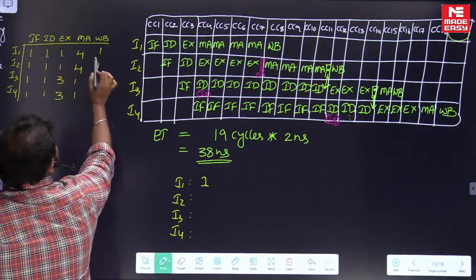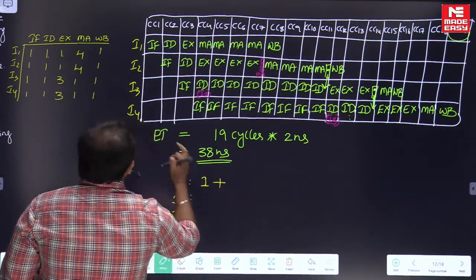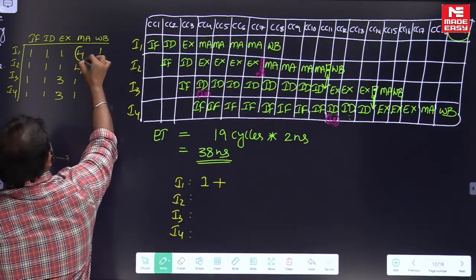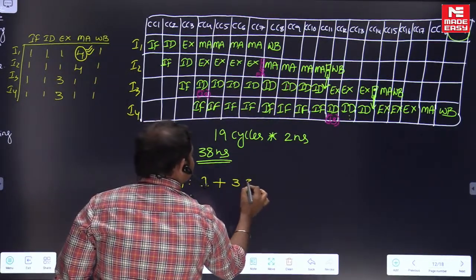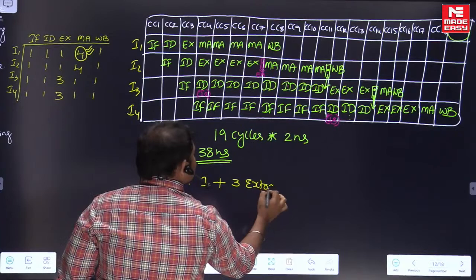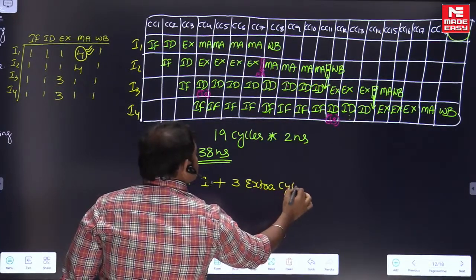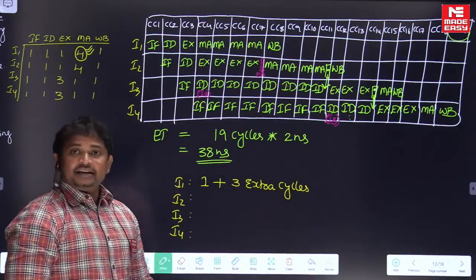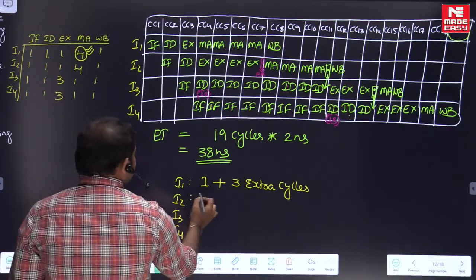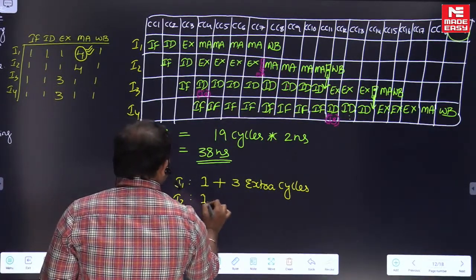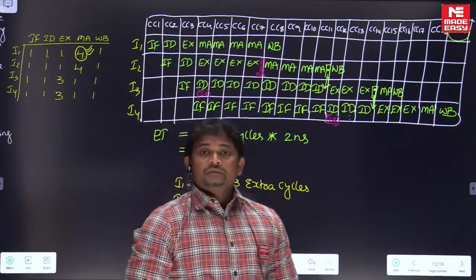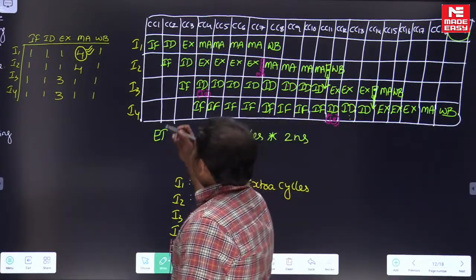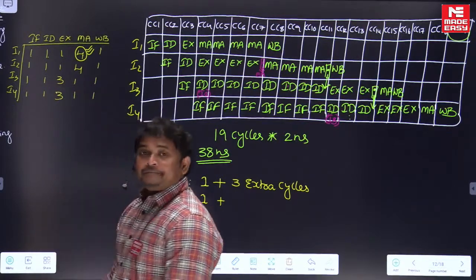Usually it takes 1 cycle, but this MA stage takes 4. Therefore 3 extra cycles are needed. I2 also usually takes 1 cycle. But how many extra cycles are required here?